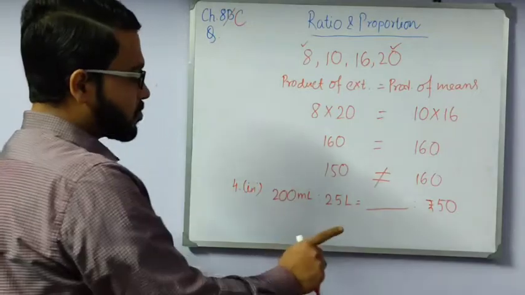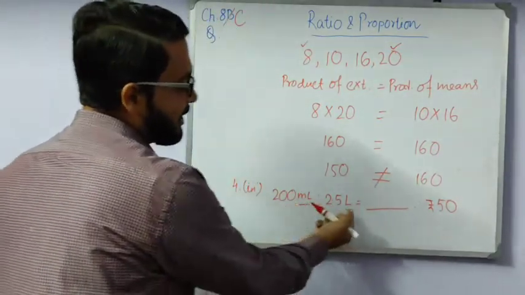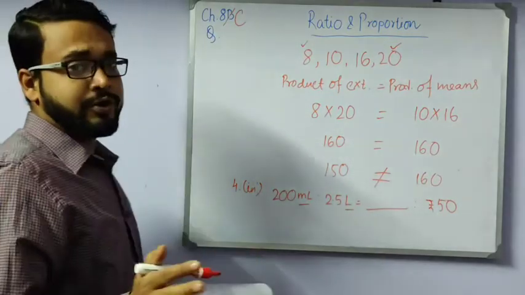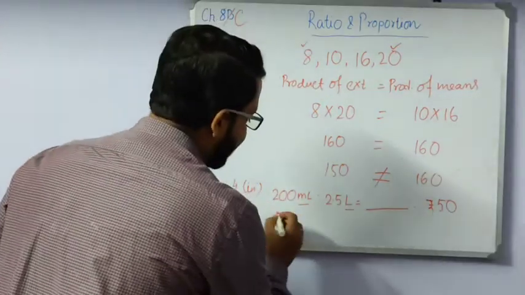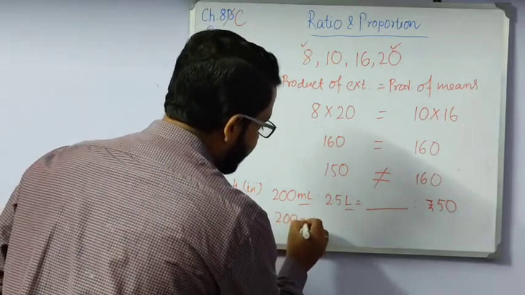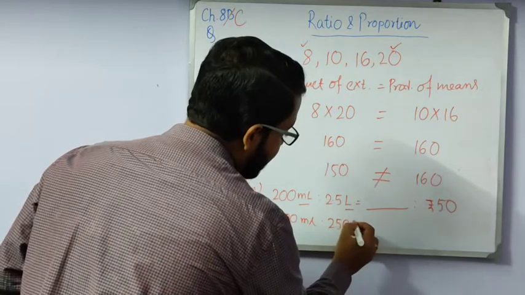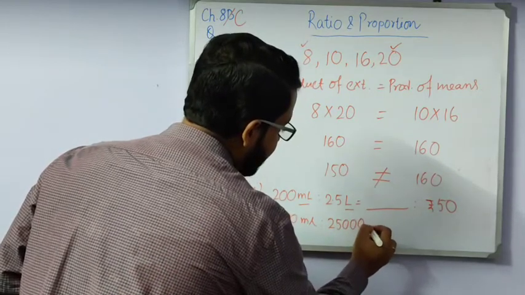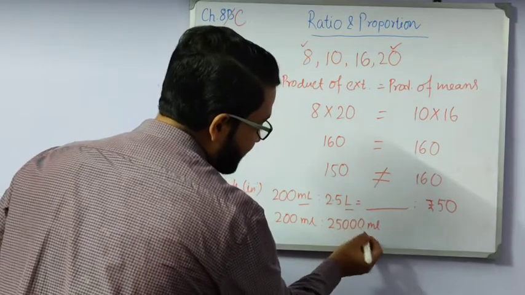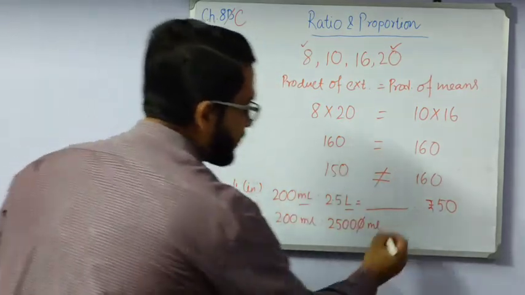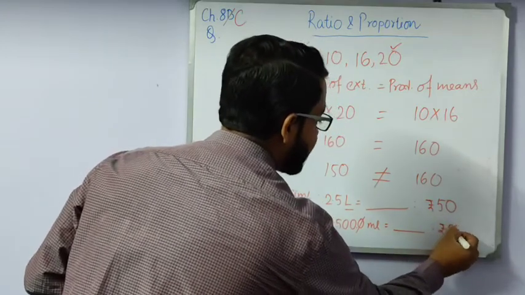But here also notice one thing, that these units are not equal. Here ml and here liter. So we have to equalize these 2 units first. So 2.5 liter means 2500 milliliter, put the point from the right side and cancel, is equal to dash is to rupees 50.